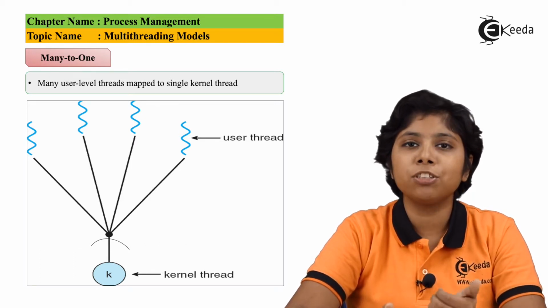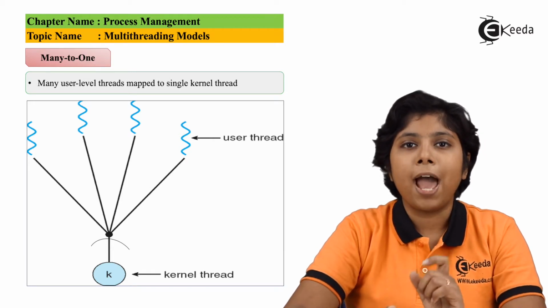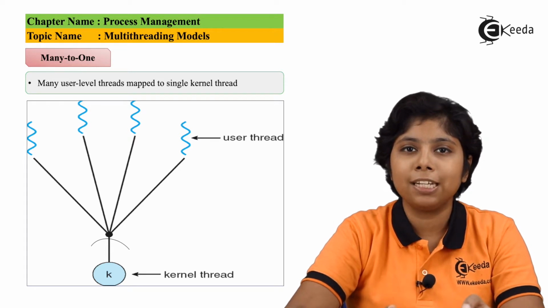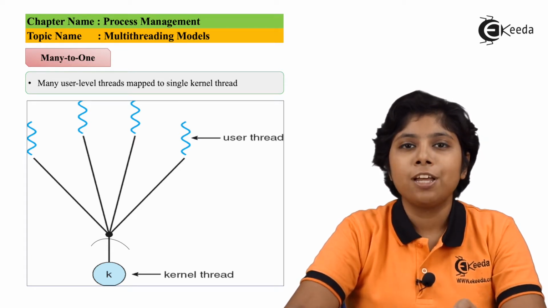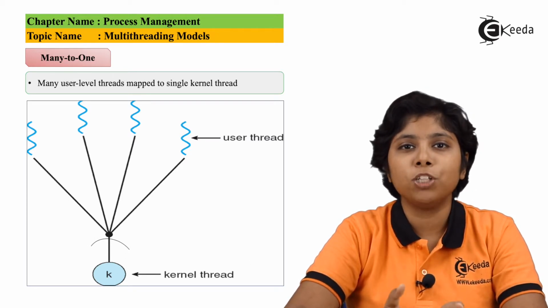The early versions of Java also used these green threads. Now, as there are discrepancies such as not being able to use the threads concurrently, and other challenges, this many-to-one model is not implemented nowadays.